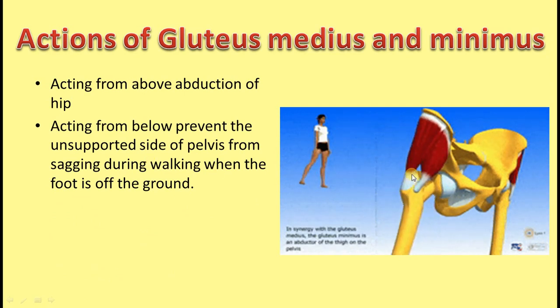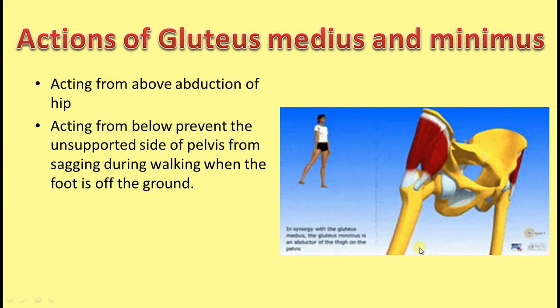Acting from below, this part is going to be stationary, and when these fibers contract, they will support the opposite pelvis from sagging down when the foot is off the ground.